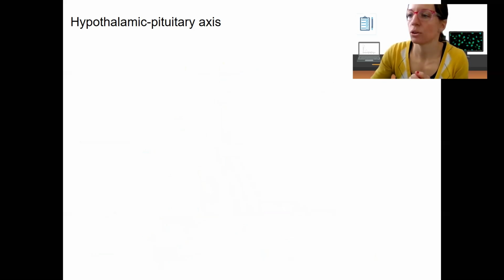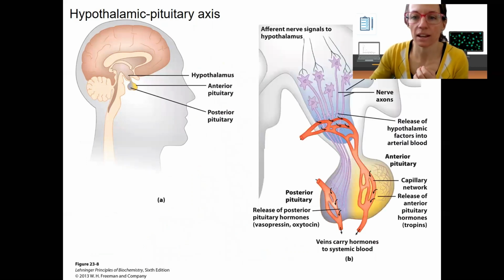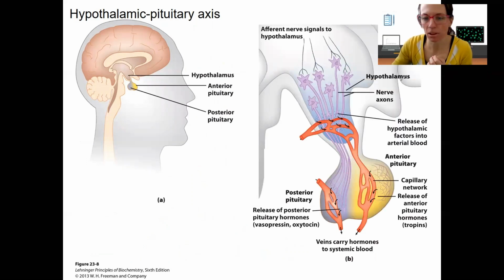So let's briefly review this with a slide, a picture that someone else drew. Here is a nice image of that same idea. Here are the neurons in the hypothalamus. It's harder to see, which is why I have to draw this myself.